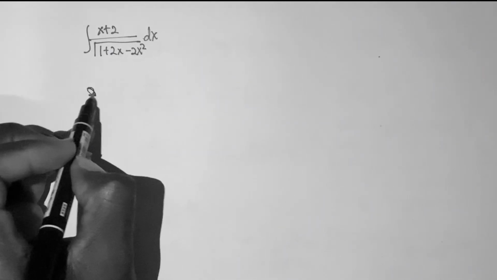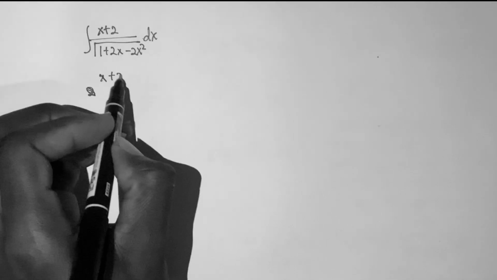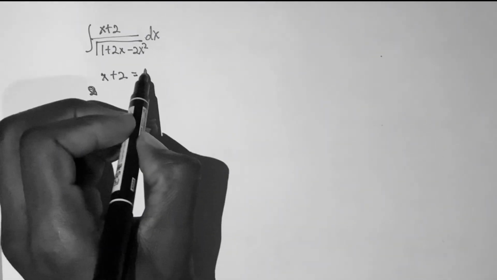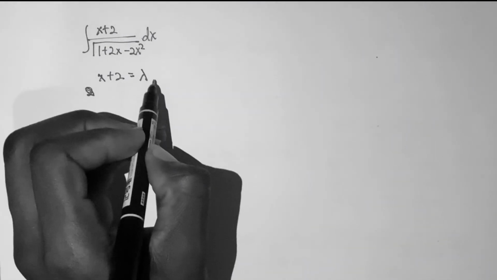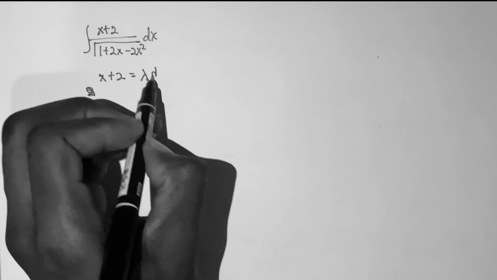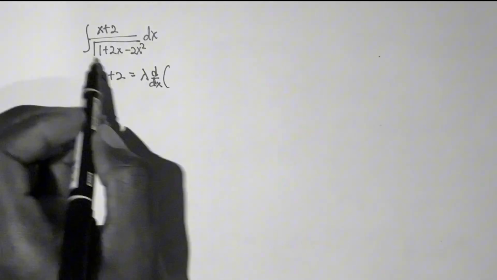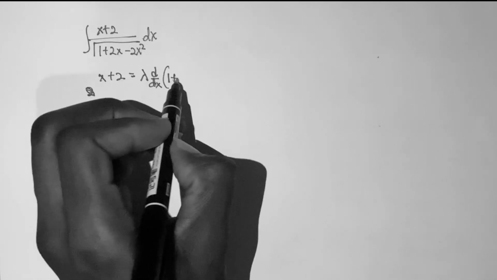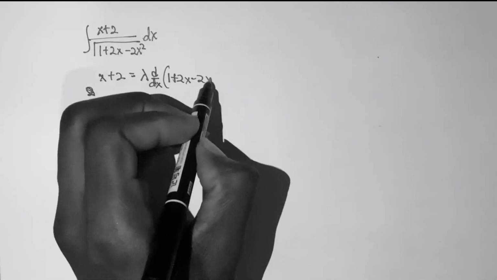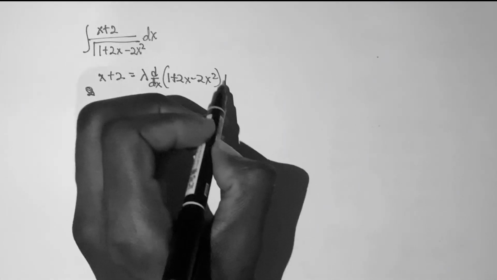So x plus 2 is equal to a certain constant, lambda, times the derivative, d dx, of the denominator, which is 1 plus 2x minus 2x squared, then plus a certain constant, mu.